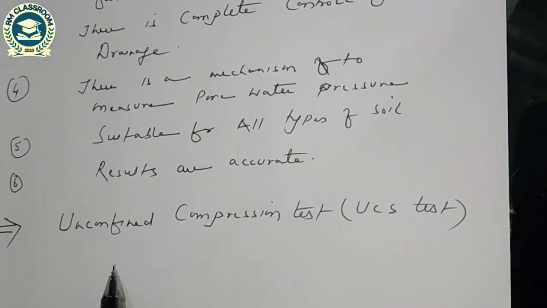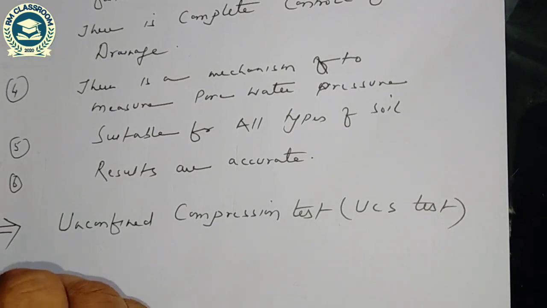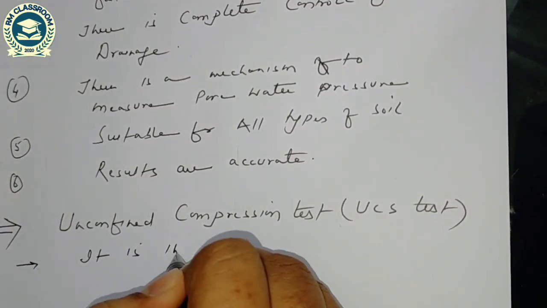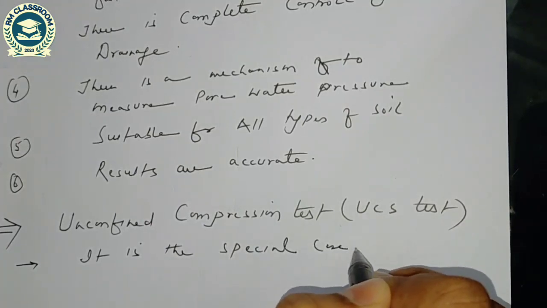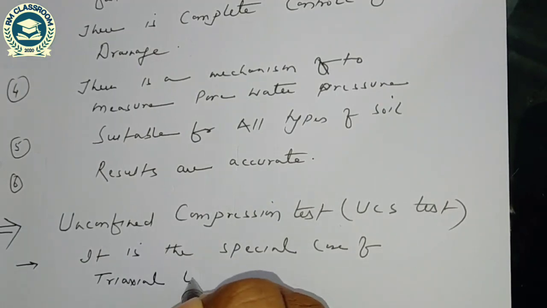Now I am going to discuss the special case of triaxial test, that is unconfined compression test. So in unconfined compression test, confining pressure is 0. It means there is no first stage and no rubber membrane is provided. So if I write, it is the special case of triaxial test.